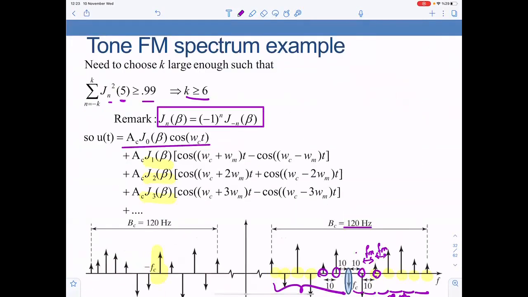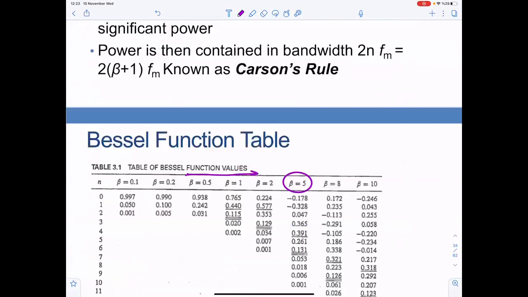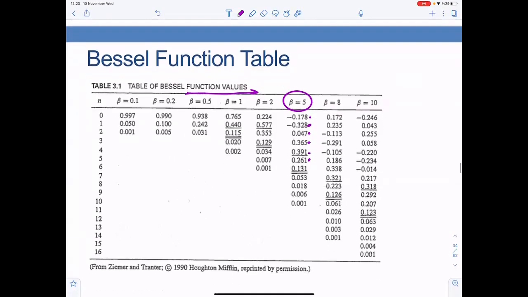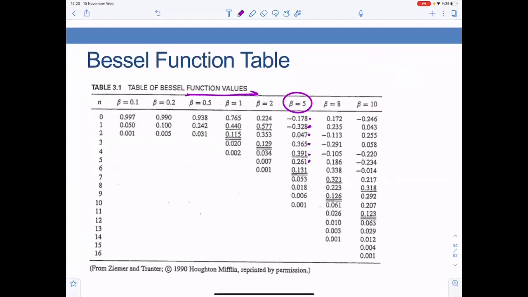We cannot do it in closed form because the Bessel function is very ugly. We need a computer which can compute it, or look it up. Theoretically, we can take a look at this table for beta equals 5, and square this, square this, square this, and add them. We go up to 6, and we gather at least 99%. As an exercise, you can square these values and add them and check for yourself.